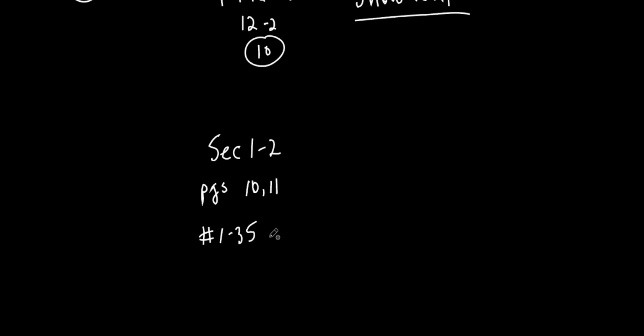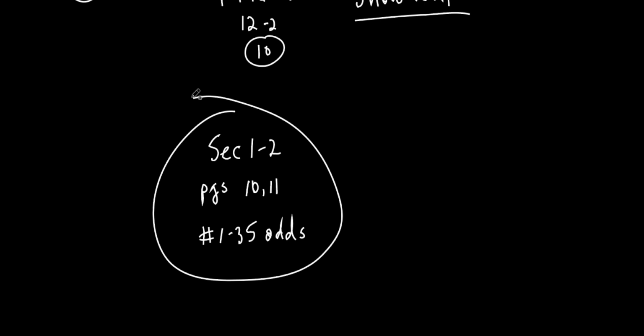That makes it a lot better, doesn't it? Okay, just the odds. So, again, you don't have to go all the way to 35 because we haven't taught everything. If you can, if you already know how to do that, that's fine. Go ahead and go all the way to 35. But you don't have to. We'll finish it up on Monday, then I'll officially assign it on Monday, okay?